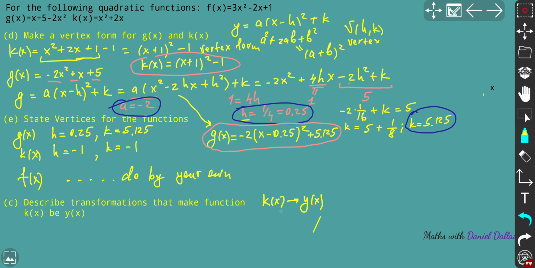For this reason, it's much more convenient to use vertex form, so you can grab from here and from there. So k of x is simply x plus 1 squared and minus 1.